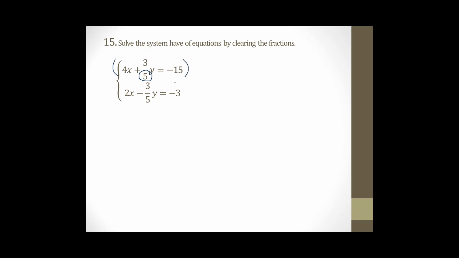The least common denominator is 5 for this first equation, so we multiply through by 5. 5 times 4 is 20x. Then 5 times 3 over 5y. That's what's called clearing the fractions. The 5 on top and the 5 on the bottom cancel out, and I will be left with just 3y. And then 5 times -15.